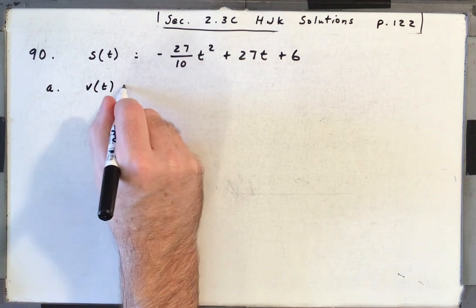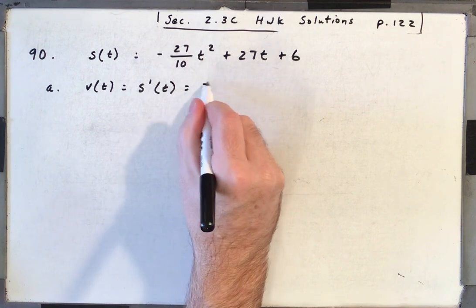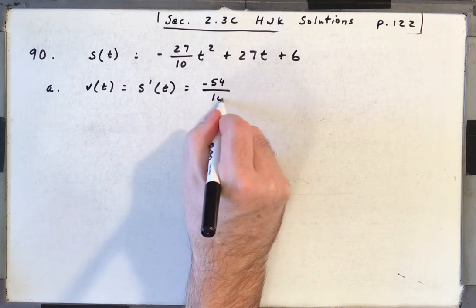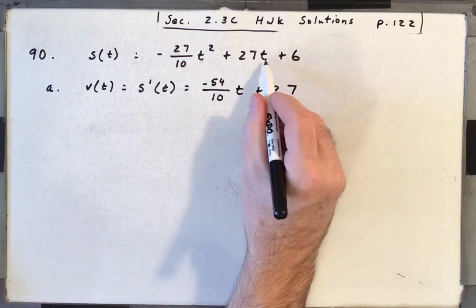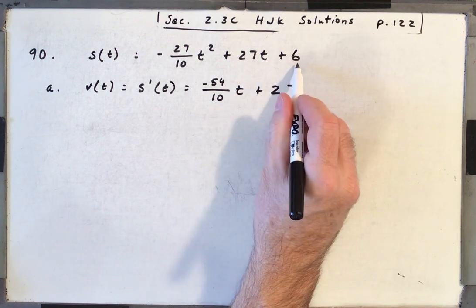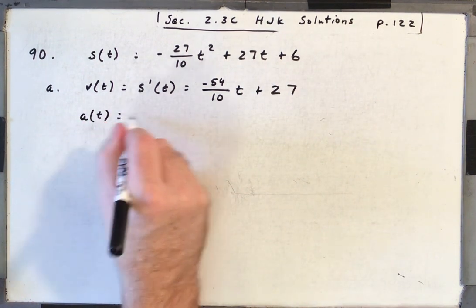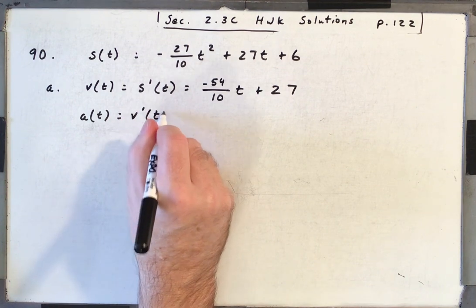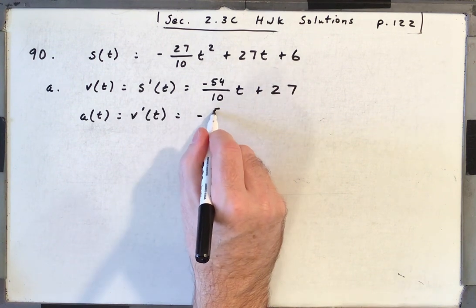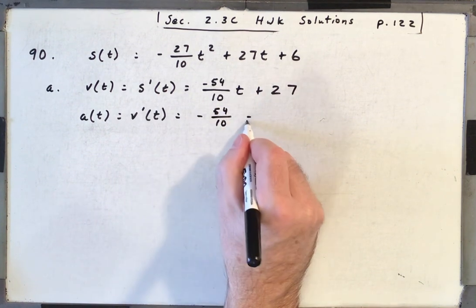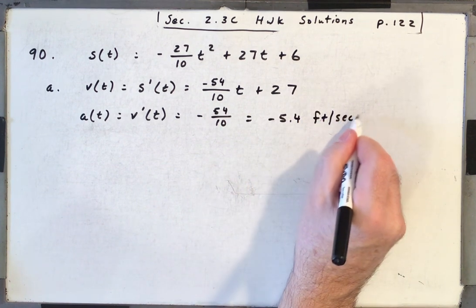So velocity is going to be s prime of t. 2 times 27, that'd be negative 54 over 10 t plus 27. Derivative of 27t would be 27. Derivative of 6 is 0. And then a of t, we're going to take the derivative of velocity, so v prime of t. That would just be negative 54 over 10, which is negative 5.4 feet per second squared.